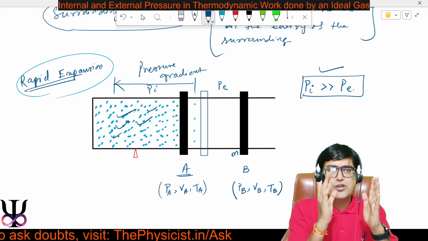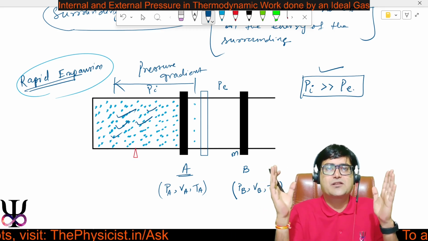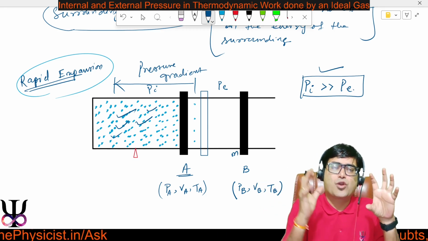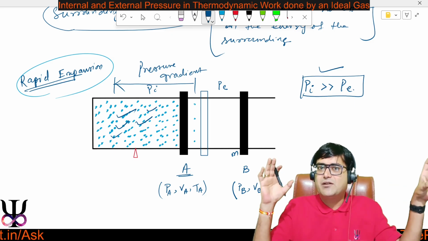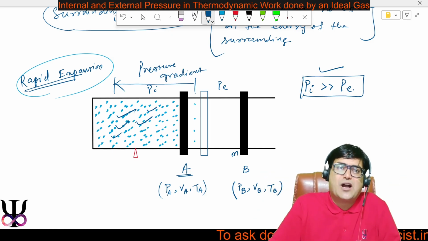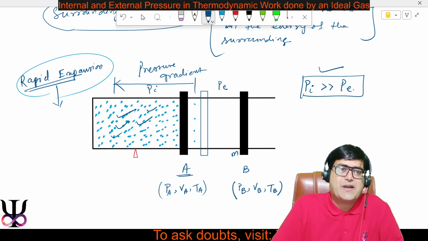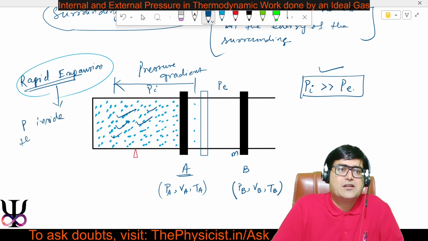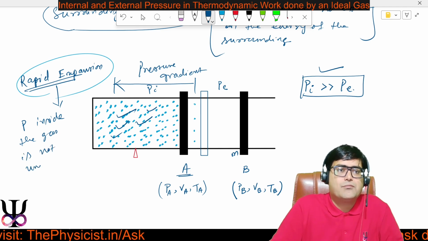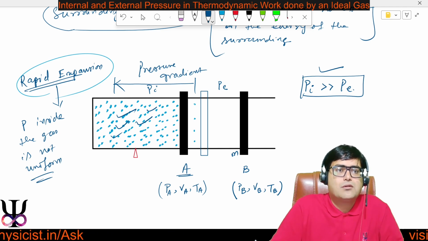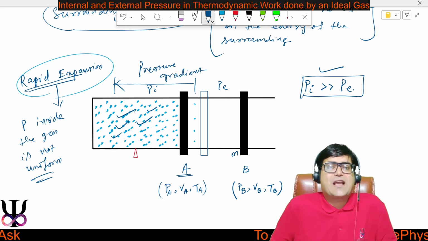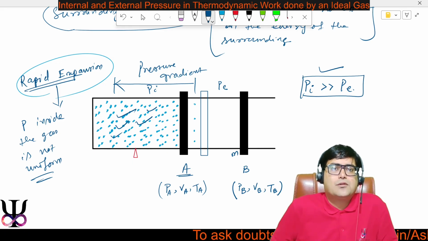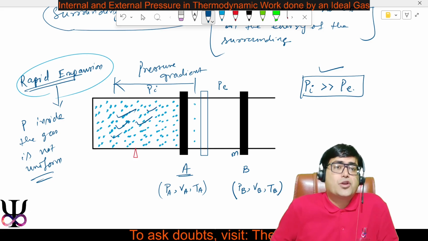So the pressure immediately drops just near the piston. However, it has not yet changed well inside the gas. And that's why in rapid expansions the pressure inside the gas is not uniform. So there is a non-uniform distribution.